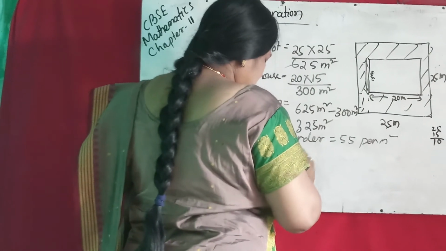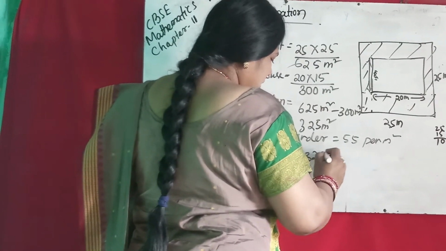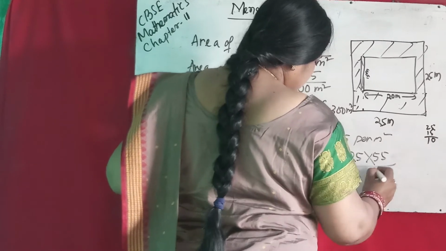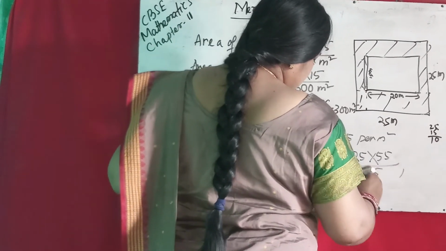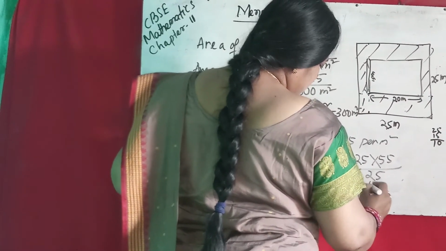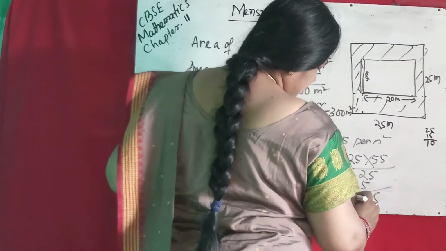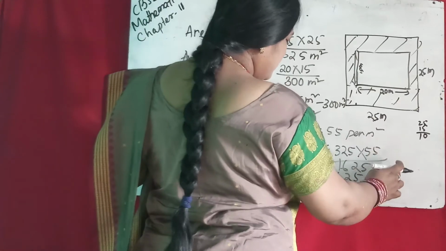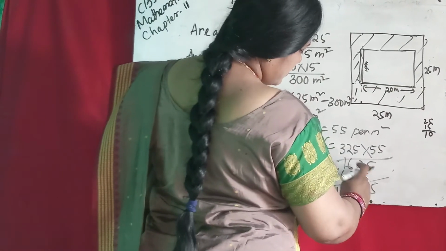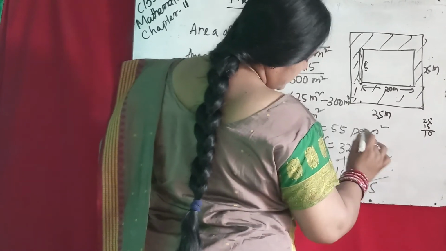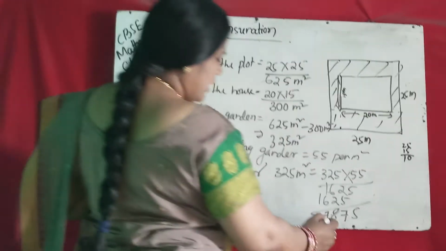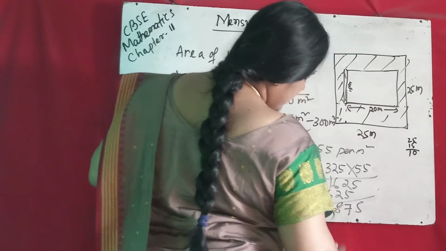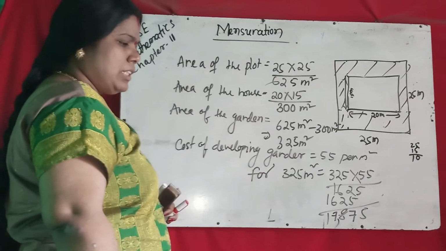So for a garden of 325 meter square, it is 325 into 55, which is 17,875 rupees. The cost of developing the garden is this much.